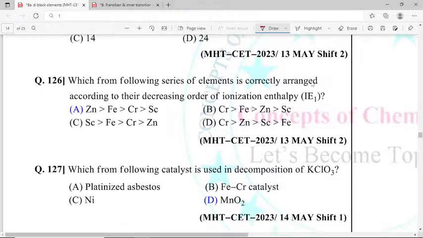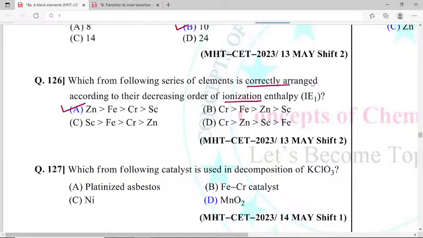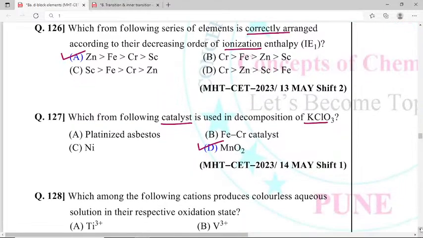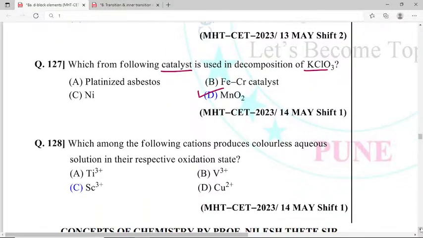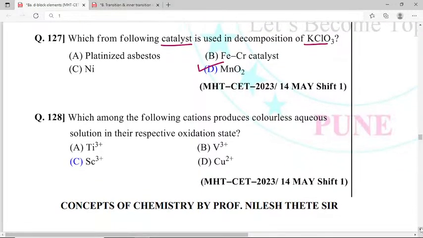Which of the following series of elements is correctly arranged according to decreasing order of ionization enthalpy? Zinc having the highest ionization enthalpy, then iron, chromium, and then scandium. Which catalyst is used for decomposition of potassium chlorate? MnO2 is used as a catalyst to decompose potassium chlorate to give oxygen and KCl.